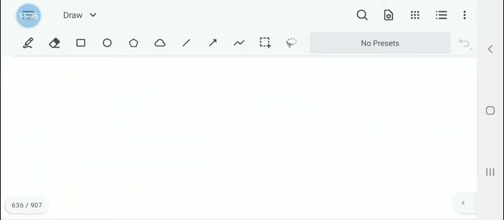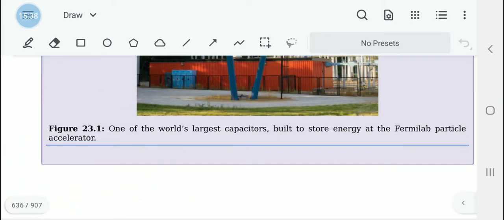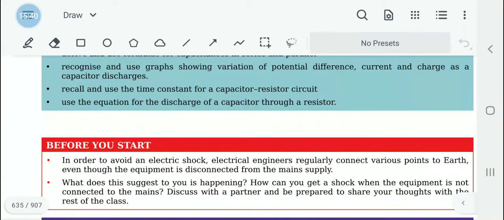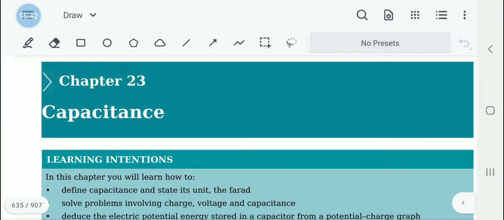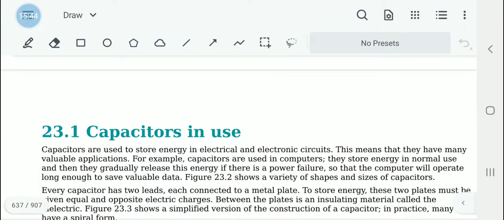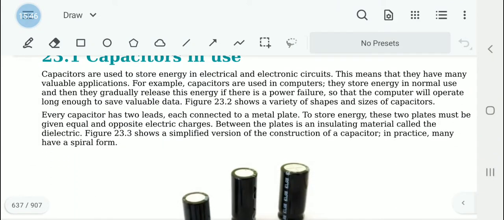Write down capacitors. Capacitors are devices which are used to store energy in electrical and electronic circuits.